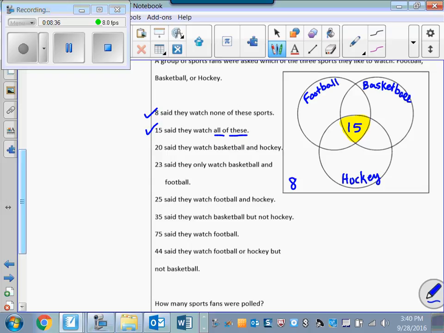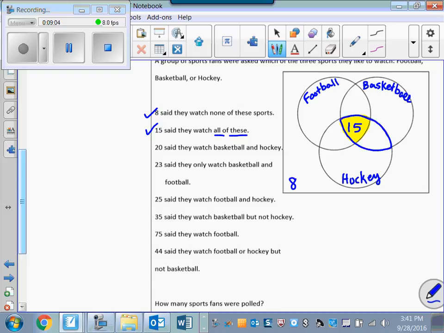Okay, now I can't necessarily just go down the list and fill in these numbers in the order in which they're presented. For instance, 20 said they watch basketball and hockey. Well, I think I can do this one. Basketball and hockey, remember, is the part that's covered by basketball and hockey. So that's going to be this little area right here.